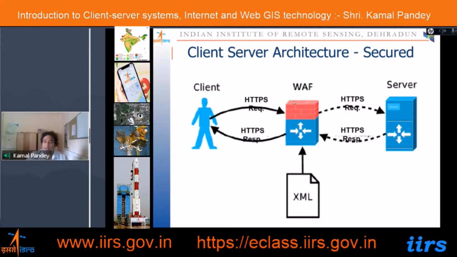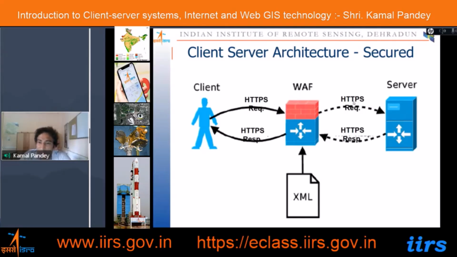One table is created in this firewall which reads all the requests from the client, and based upon those rules which are created in this WAF, it passes it further to the server. So your application or your data becomes secured in this case.